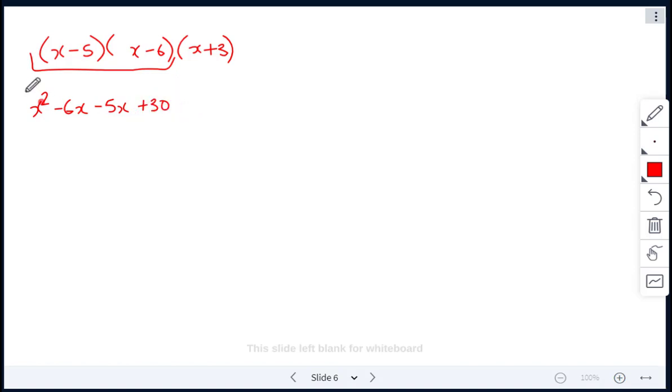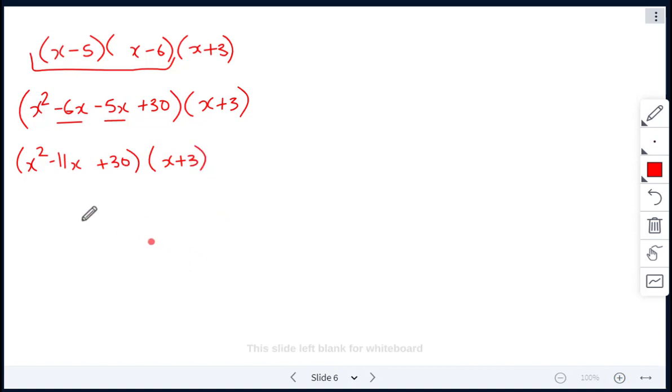All right, and then all of that is multiplied by x plus 3. And here you can collect those 2 terms together. So we end up with x squared, and then we have negative 6 minus 5, which is negative 11. And then we have plus 30, and then you'd multiply that to x plus 3.